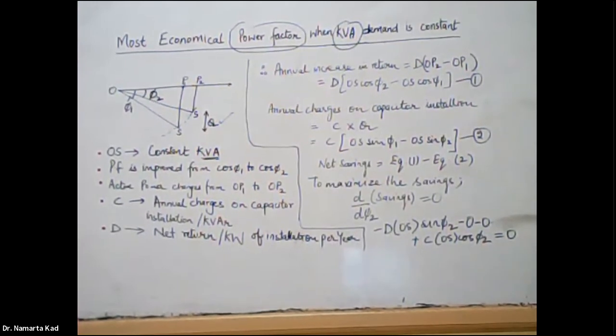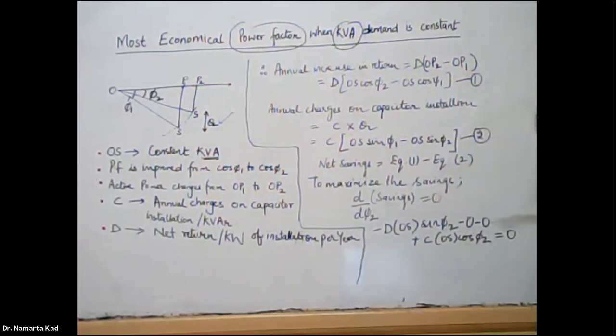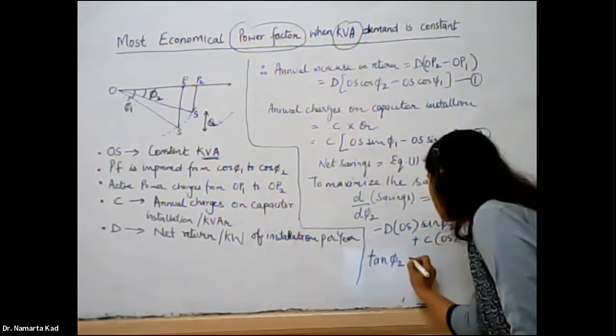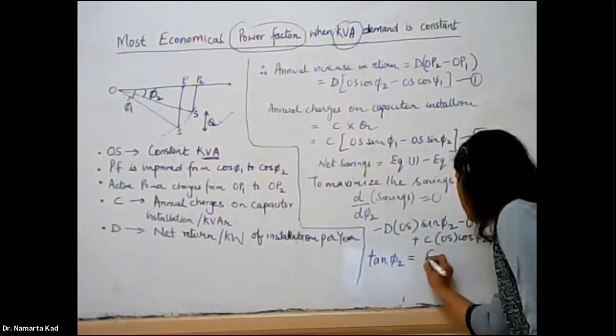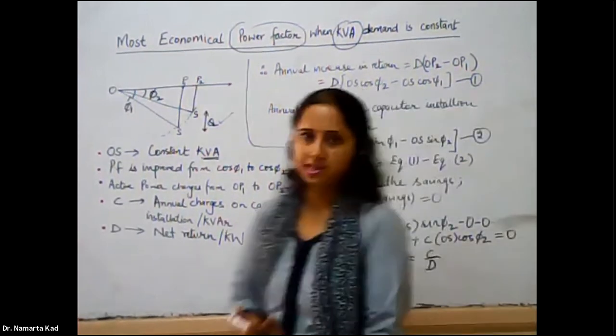Now simply when you solve it, it gives the relation tan of phi 2 comes out to be C by D.